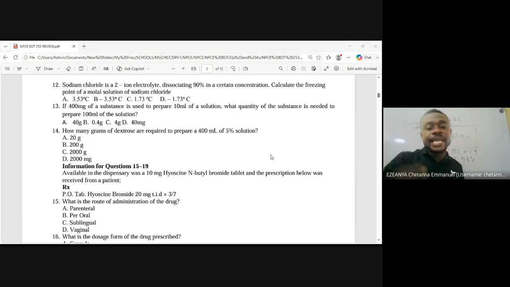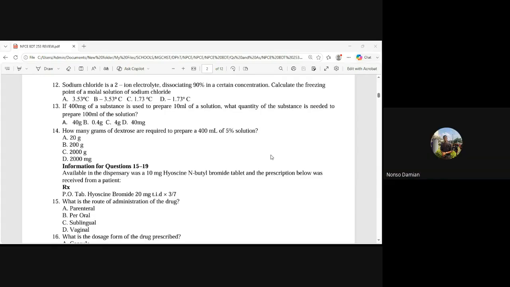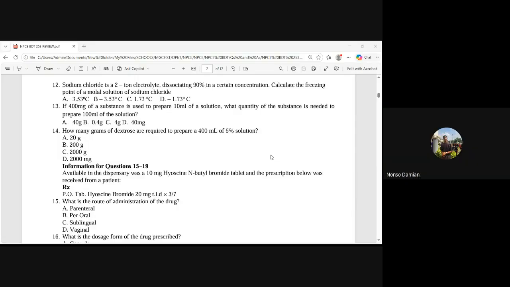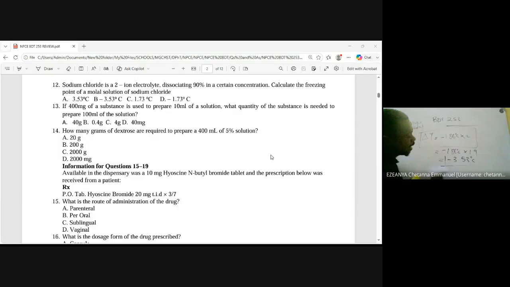It means that the freezing point of water has been depressed by that thing you added. You added sodium chloride, and it formed the solution. The freezing point of water was depressed by 3.53 degrees Celsius. But the freezing point of the solution formed is minus 3.53 because it's less than 0.